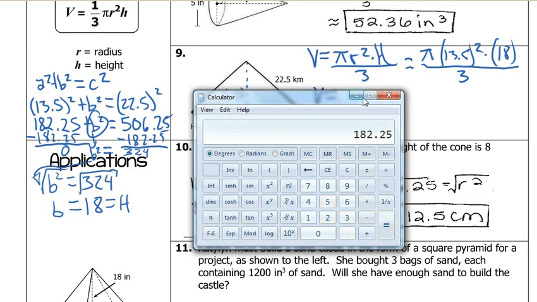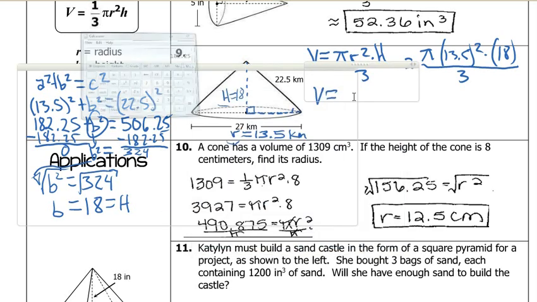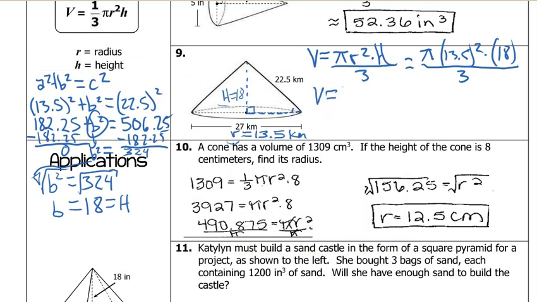It's right over there. I could just look to the left. 182.25. So I have pi here, 182.25 times 18, all over 3.